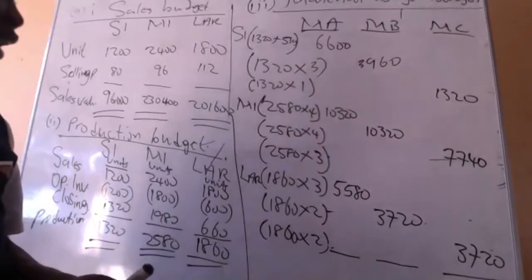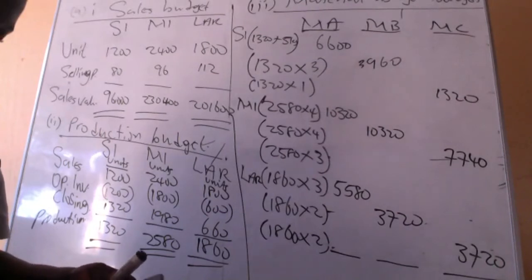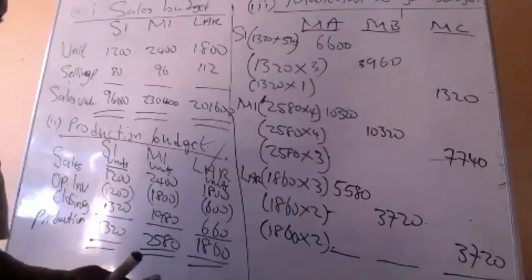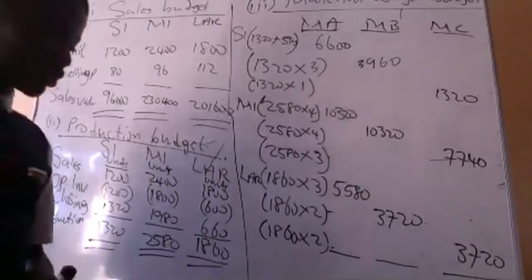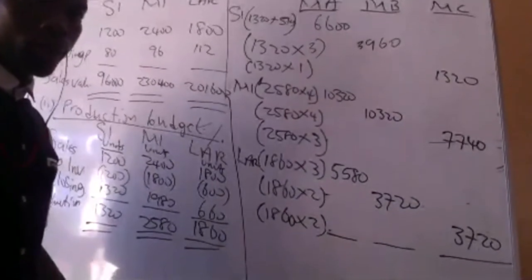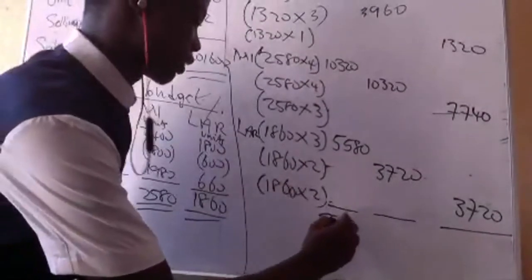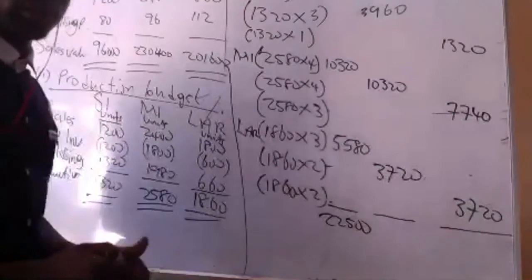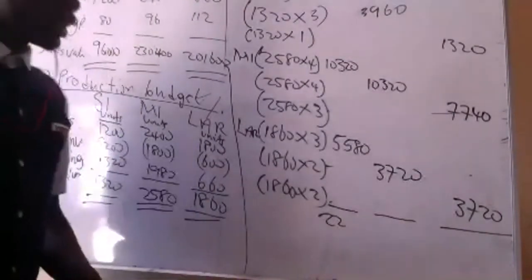Is it 13? No, it's 10,320. Good. 6,600 plus 10,320 plus 5,580 will be 22,500, right? Yes, 22,500. Good. Then you do the MB for me.